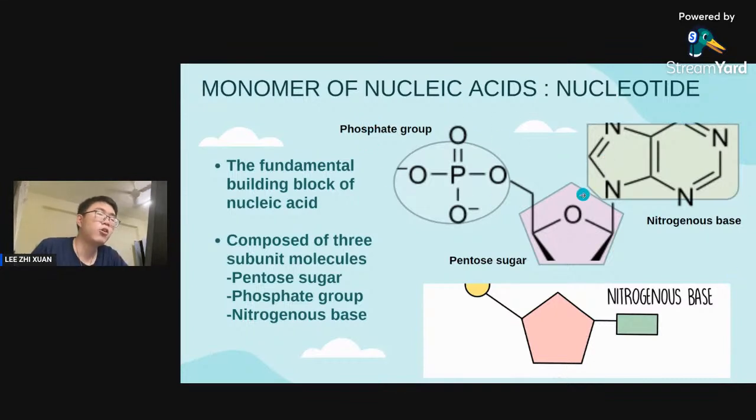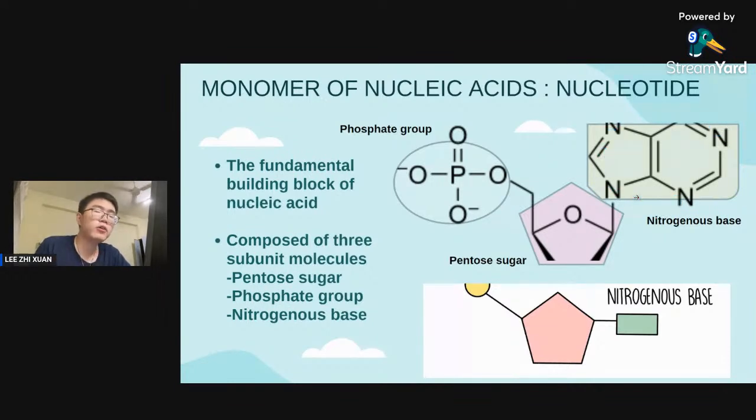You can see that it contains three main subunits. The first subunit is pentose sugar, the 5 carbon sugar. You can see 1, 2, 3, 4, and 5 here. Another one is the nitrogenous base, which depends on the type of the nucleotide.